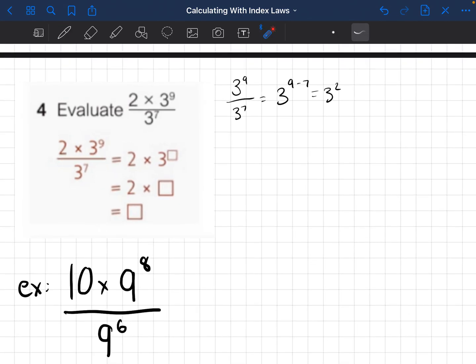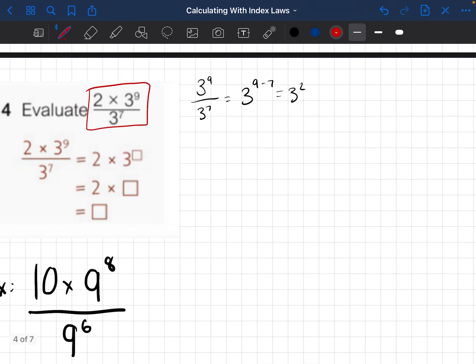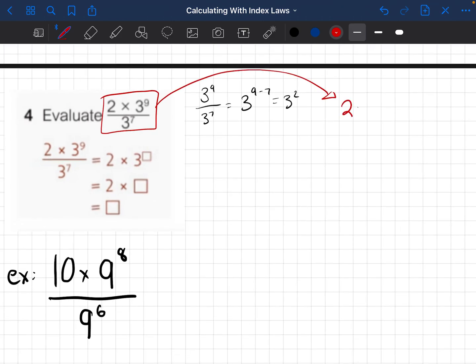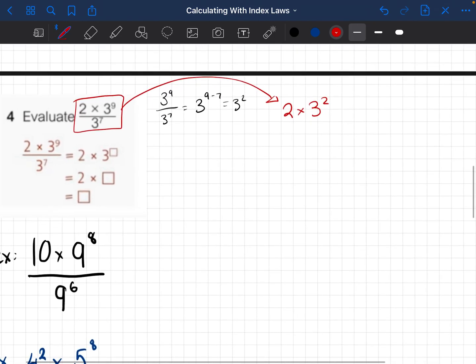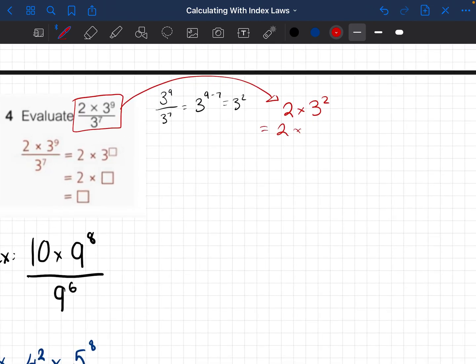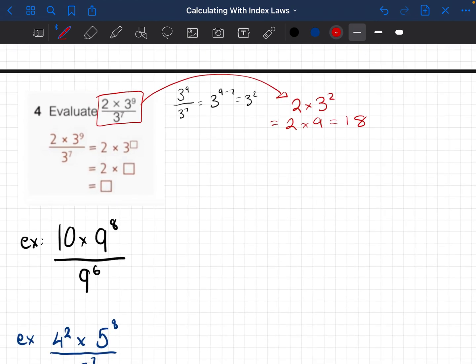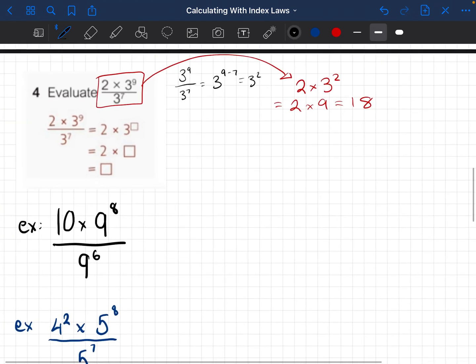So in this question, it's just going to be 2 times 3 squared. And because it's evaluate, we want an answer, and that's going to be 2 times 9, and the answer is 18. And there you are.